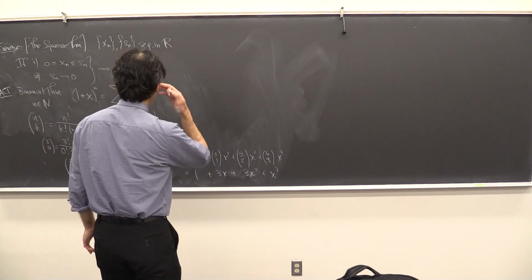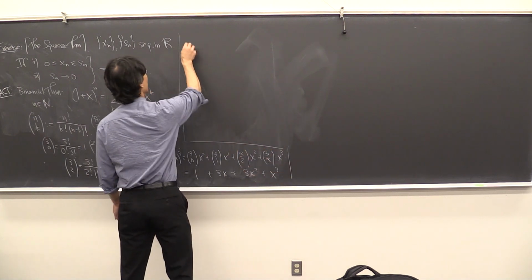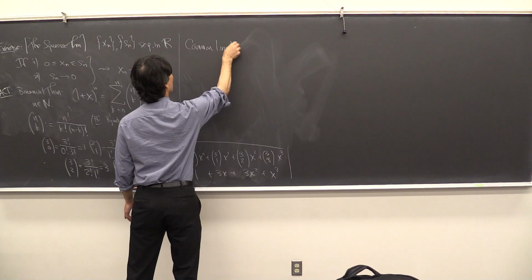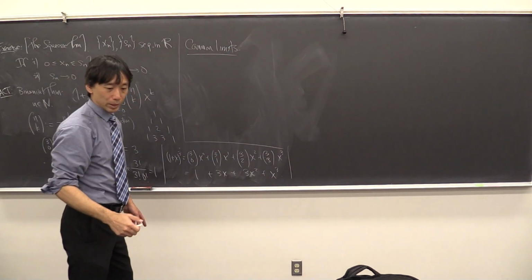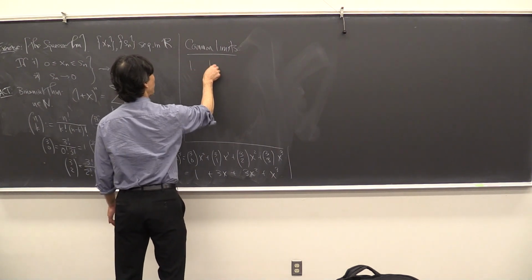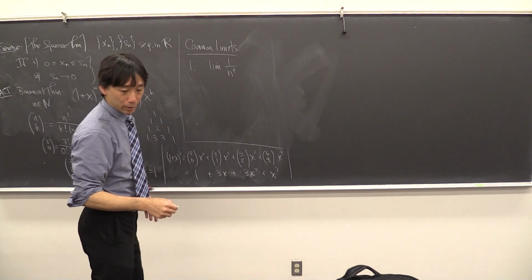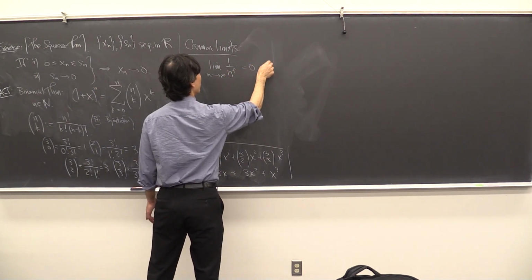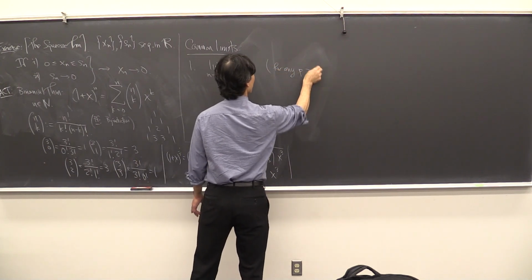Okay. So now we've got enough to do the common limits that Rudin lays out. So here's the first one. The limit of 1 over n to the p as n goes to infinity is 0 for any p bigger than 0.